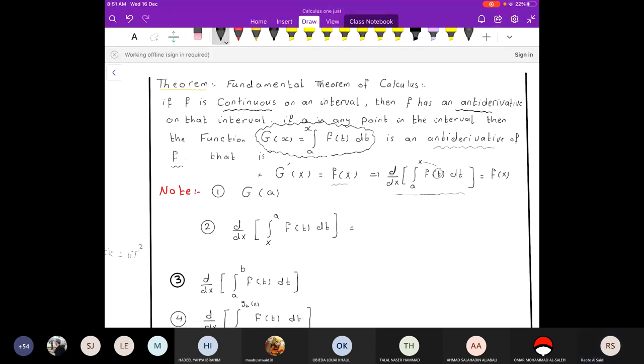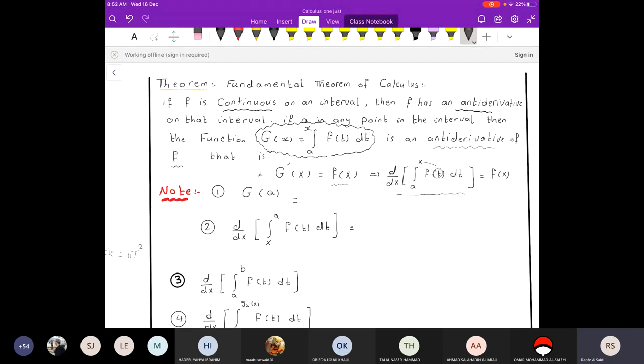Now notice the definition I gave, g of x equals the integral from a to x. If I ask what is the value of g of a, instead of x you substitute a. Who gives me the answer? Zero, exactly.